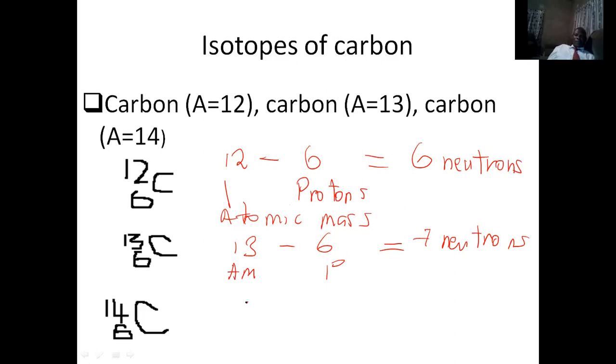Similarly here, we are going to have 14 minus 6, which is 8 neutrons. And these are the protons, and then this is the atomic mass. And so generally from here, you can see that isotopes have the same number of protons, but they have a different number of neutrons.